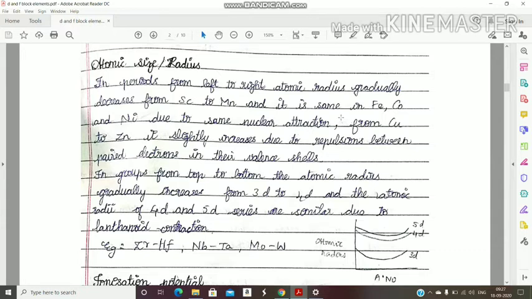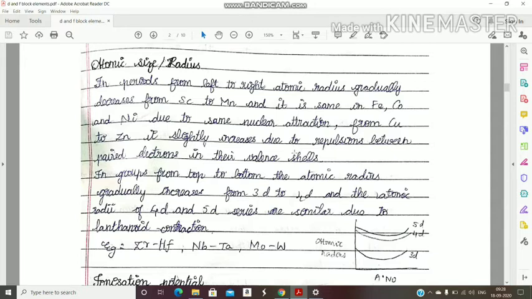Next, but from copper to zinc, it slightly increases due to repulsions between paired electrons in their valence shell. This is also very important point. See, copper outer electronic configuration is what? 4s1 3d10, and zinc 4s2 3d10. In that case, compared to copper, zinc having more number of paired electrons.